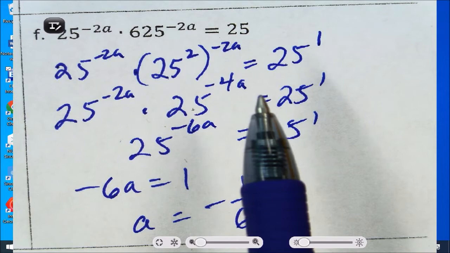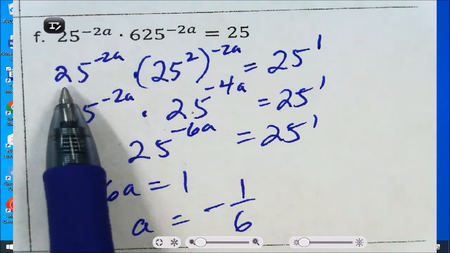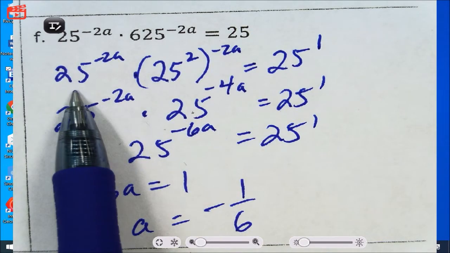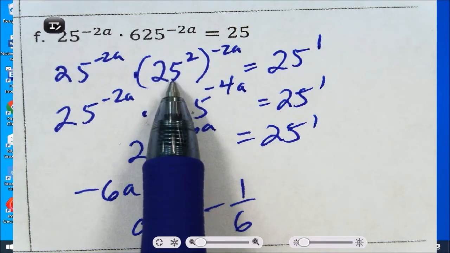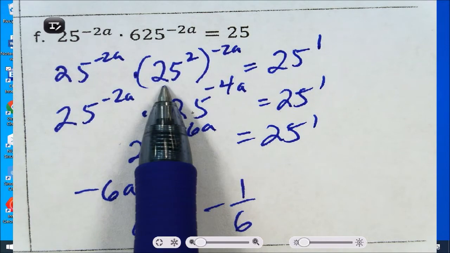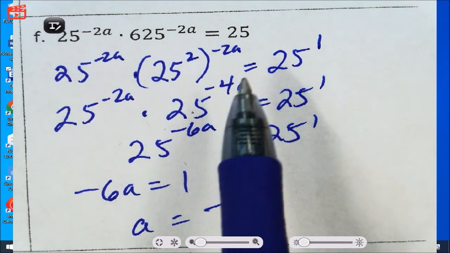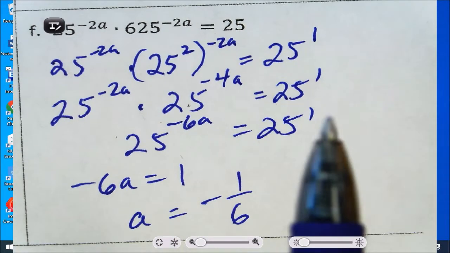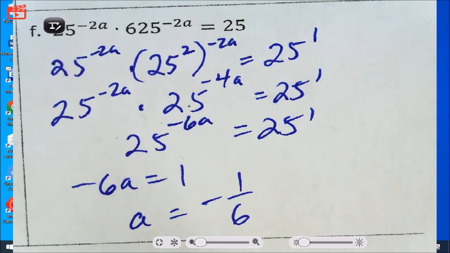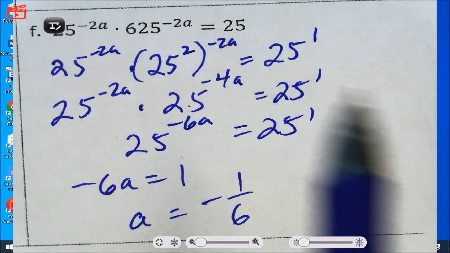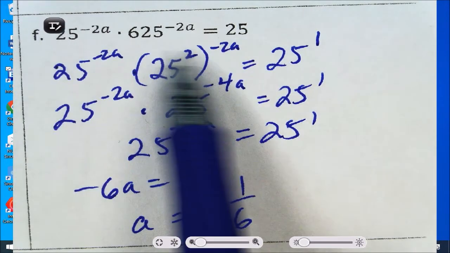Yeah. So if I use 5 squared, I'd have to write 25 as 5 squared and 625 as 5 to the 4th. Right, 625 is 5 to the 4th. So yes, I could use base 5. Was that your question? Can I use a different base? No, I was wondering why you want to do that. Oh, I always just use whatever the numbers are there.